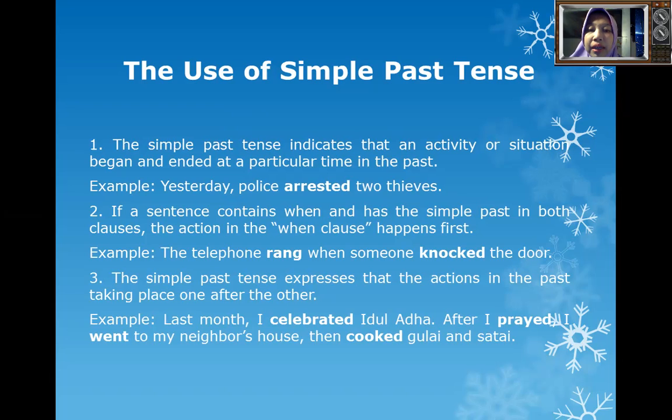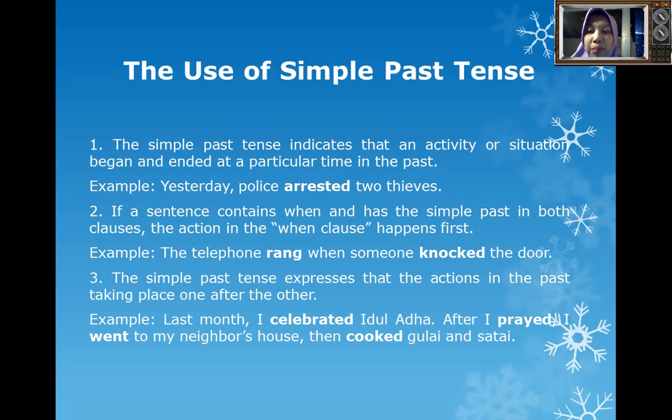And the third, the simple past tense expresses that the actions in the past took place one after the other. Example: last month, I celebrated Idul Adha. After I prayed, I went to my neighbor's house, then cooked gulay and satay.